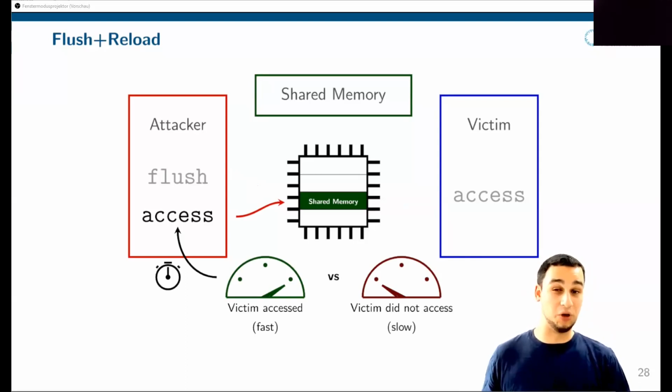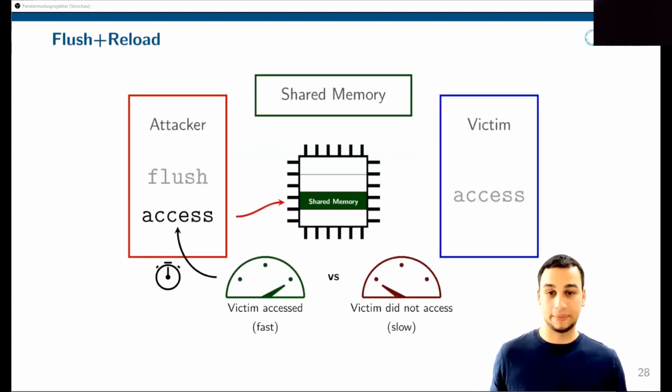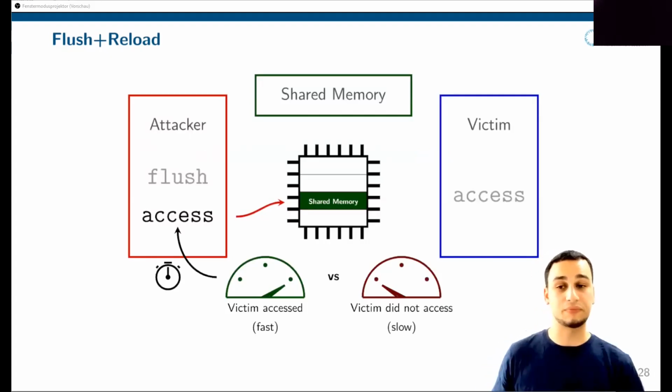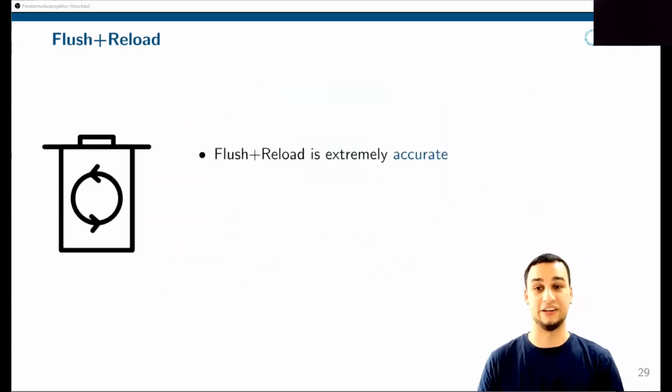We removed it from the cache and didn't add it back, so the victim must have accessed this data, and we know that the victim used it. If it's not in the cache, then we have a cache miss. We see that in a longer timing, and we know that the victim has not accessed that data. So this is the primitive of flush and reload, and we've already seen the basics of that in this first coding session.